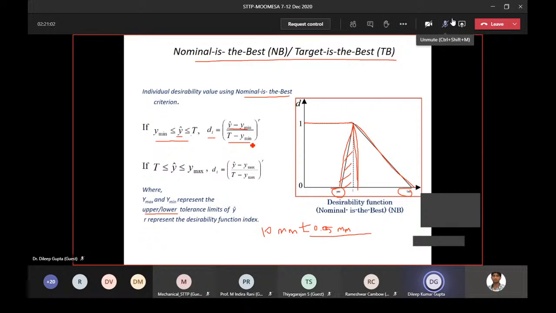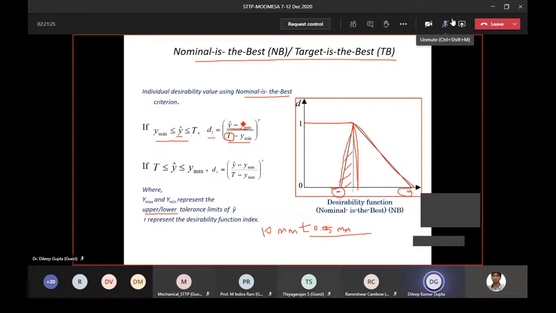Now what is the maximum value? The maximum value of y is replaced by the target value here. So t minus y minimum will be used here. We are dealing with the minimum side, so it is a function of y minus y minimum along with the value of r as a power.